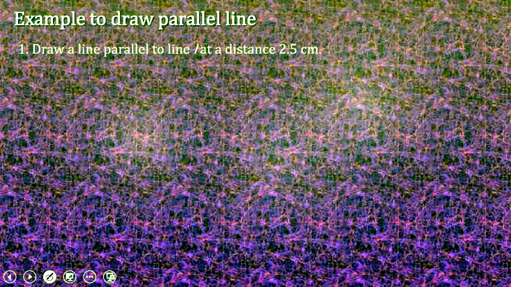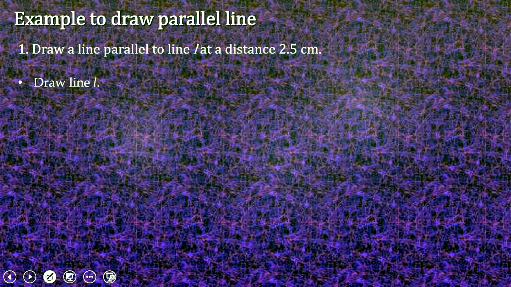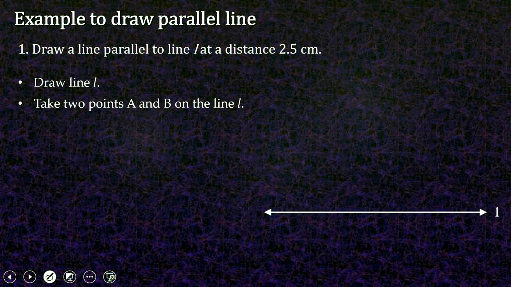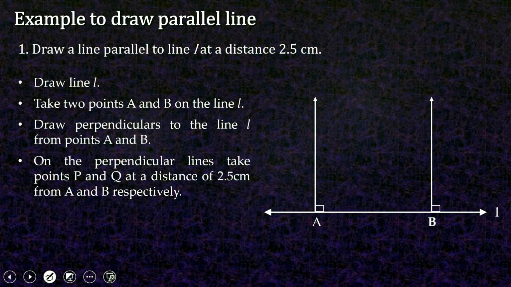For example, one example we'll solve. Draw a line parallel to line L at a distance 2.5 cm. Draw a line L. Next step is take 2 points A and B on the line L like this. Next, draw perpendiculars to the line L from points A and B. On the perpendicular lines, take points P and Q at the distance of 2.5 cm from A and B respectively.